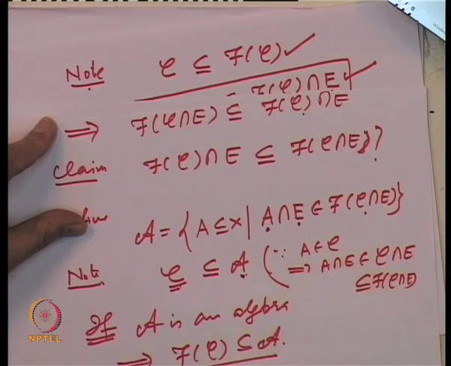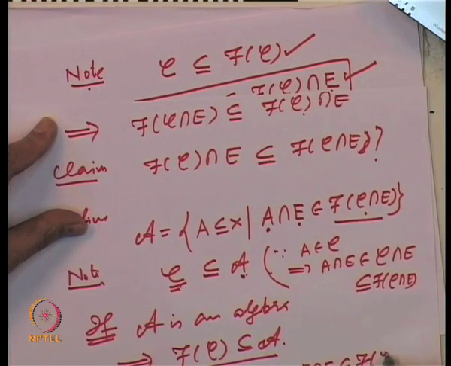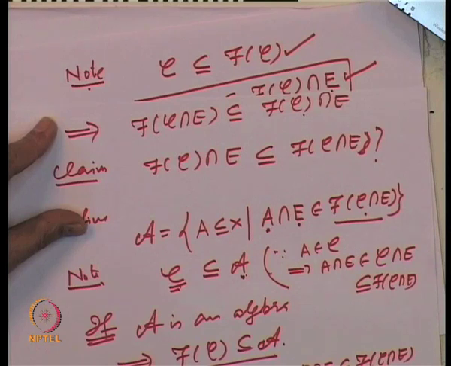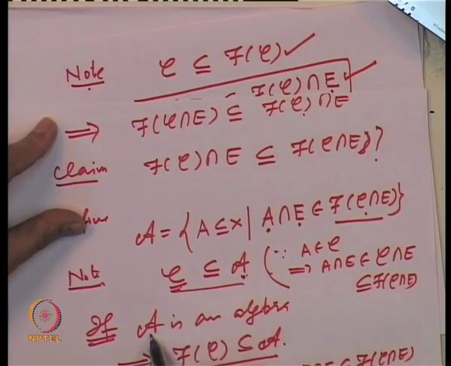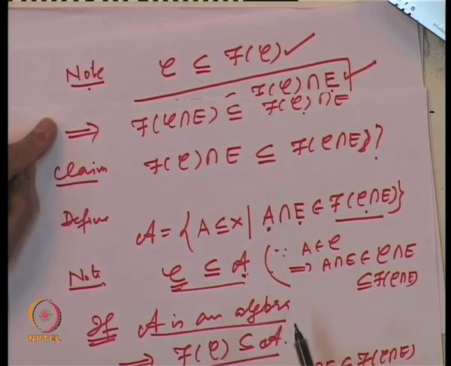That means, for every element f belonging to f of C, if we look at f intersection E, that is belonging to f of C intersection E. So, to complete the proof, we only have to show that A is an algebra of subsets of X.